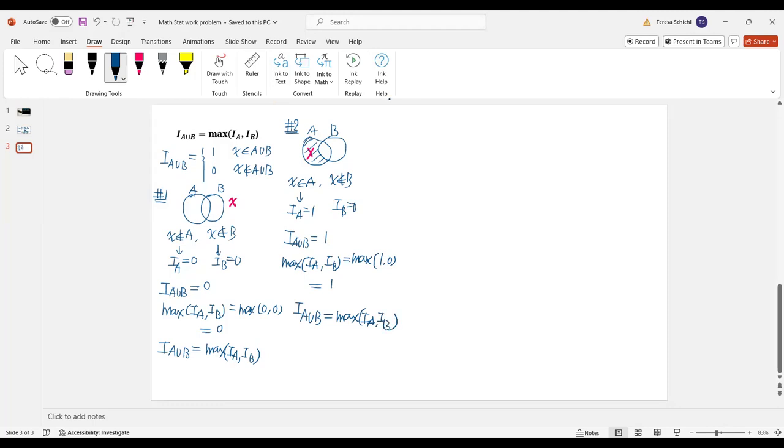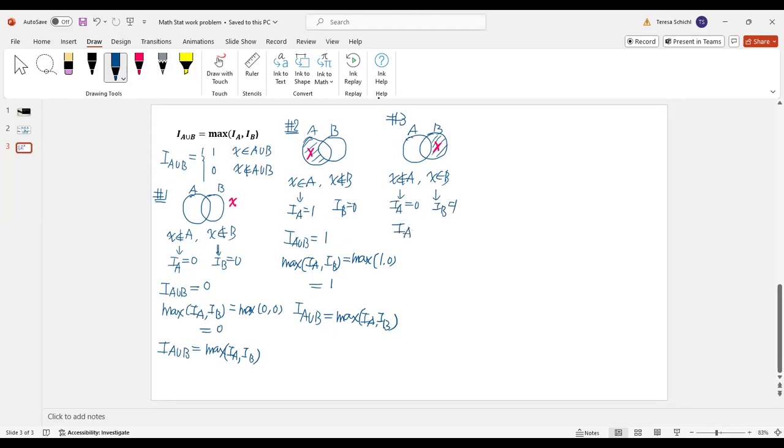Situation number 3 is very similar to situation number 2. This is A, B, and now we're looking at this part. If my X is sitting here, we do the same thing. X does not belong to A, X belongs to B. So IA equals 0 and IB equals 1.